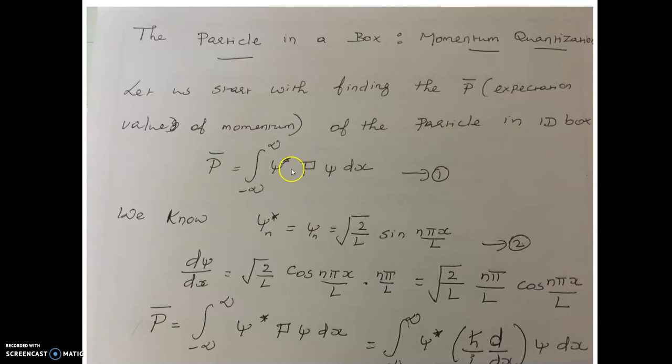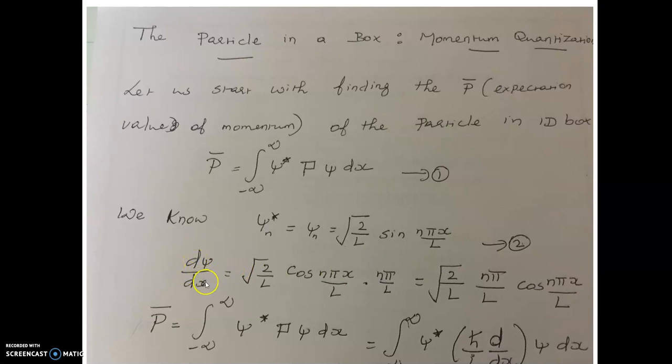Now this P is the momentum operator, and we are to write the wave function psi n, where psi star stands for the complex conjugate. Here, since we do not have any i value, psi star will be equal to psi, which is equal to root of 2 by L sin n pi x by L.